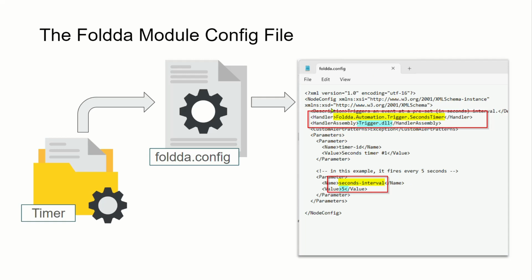If you look at the first line here highlighted, it says to the runtime, when you run this module, look for this class called trigger.seconds_timer inside a file called trigger.dll. And then when you run this class from the file, pass this parameter, every 5 seconds interval, which tells the timer to trigger every 5 seconds.